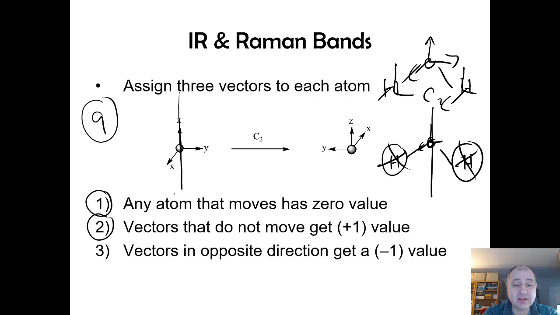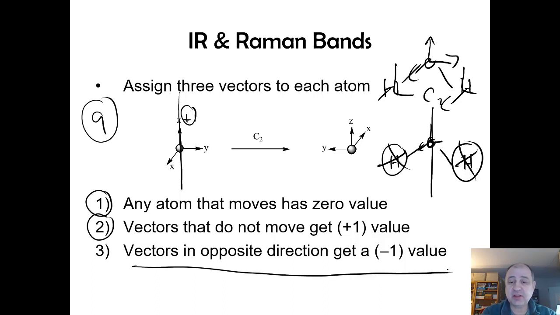The z-axis is on the axis of rotation, so it still points in the same direction. So it gets a +1 value. The other 2 vectors rotate into opposite directions, so vectors that go in the opposite direction get a -1 value. So this one gets a -1 and a -1. Here the y and the x are the 2 that get rotated.